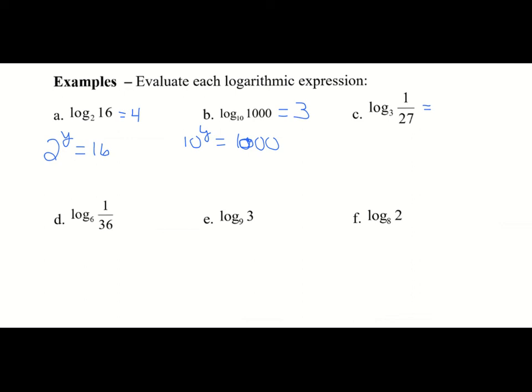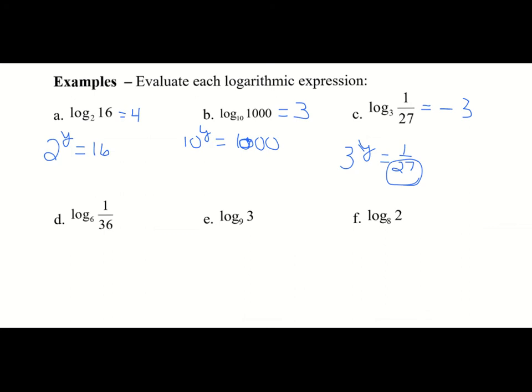Thinking negative, you're thinking right. So we have 3 to the what power gives us 1/27. Now here, I always focus on the 27 because that's what we're looking at. 3 to the what power gives me 27. And I know 3 to the third power gives me 27, but I need 1/27. So that means instead of a positive 3, it's going to be a negative 3.